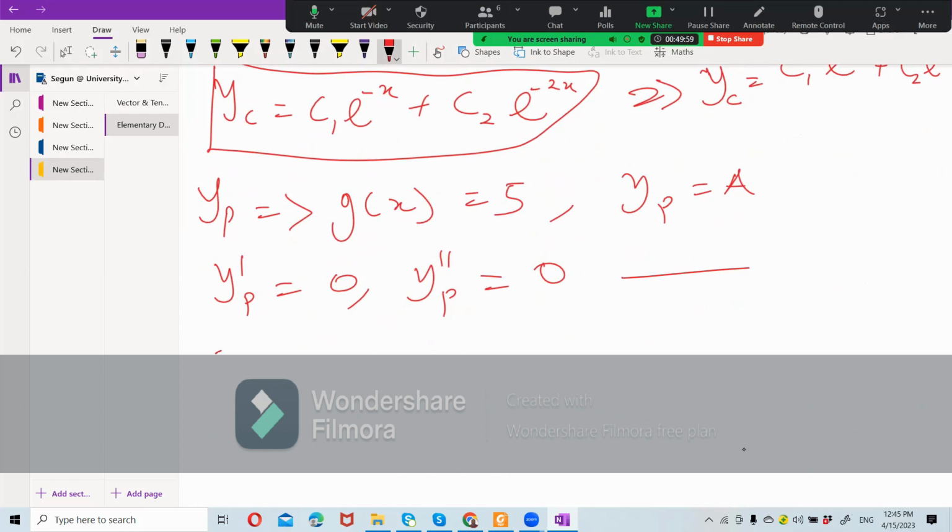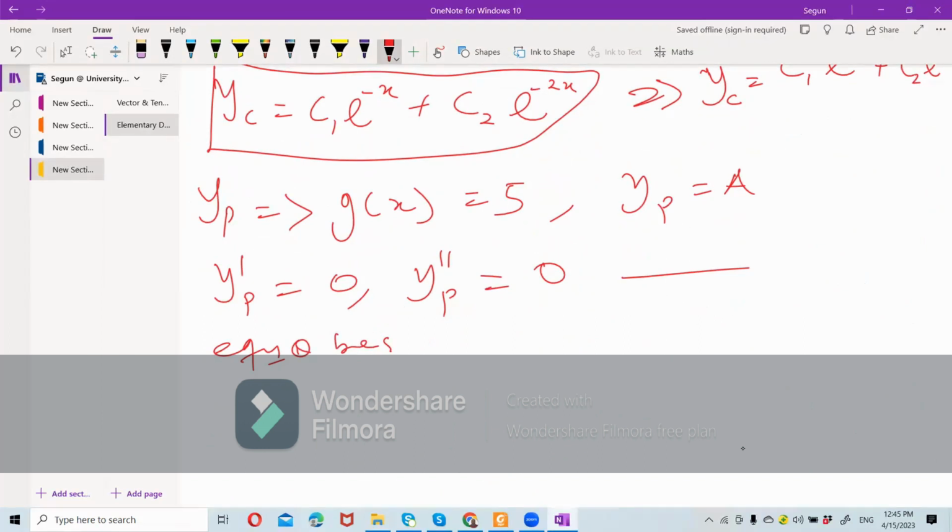Equation 1 becomes 0, because the first one is 0, plus 3 of 0, plus 2a, because yp in this case is a, which is equal to 5.